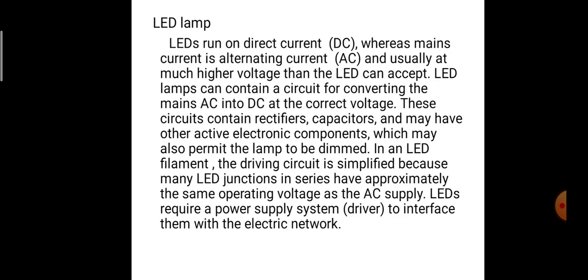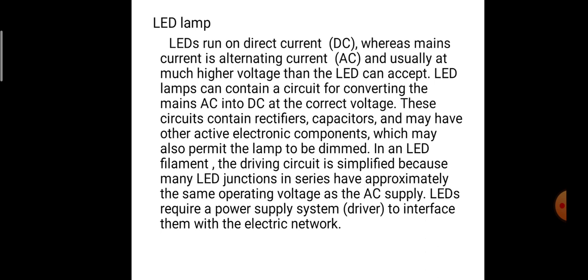LEDs run on direct current, whereas mains current is alternating current and usually at much higher voltage than the LED can accept. LED lamps can contain a circuit for converting the mains AC into DC at the correct voltage.